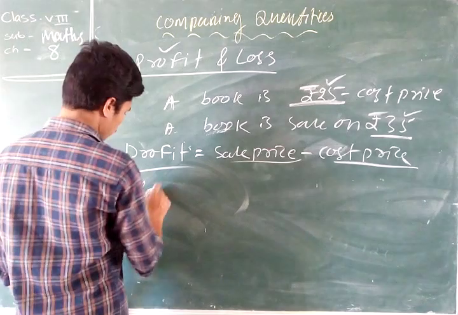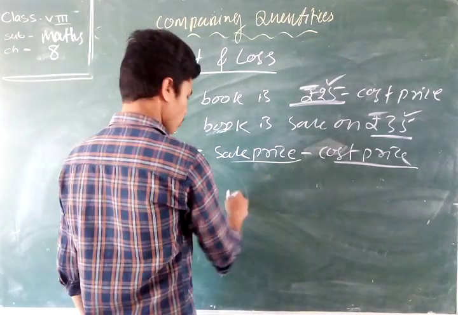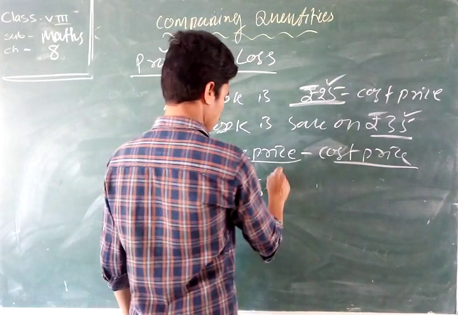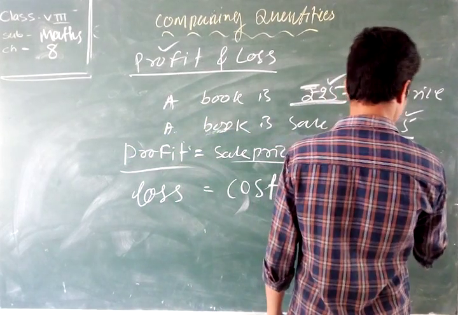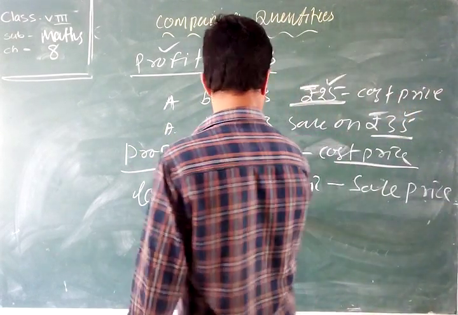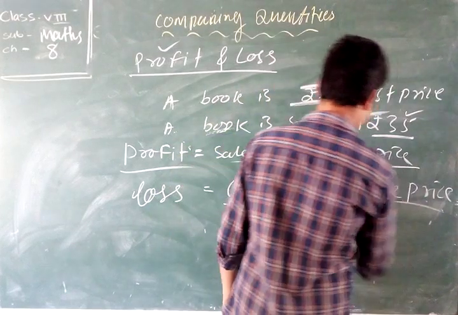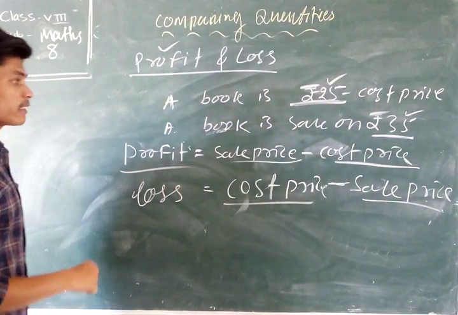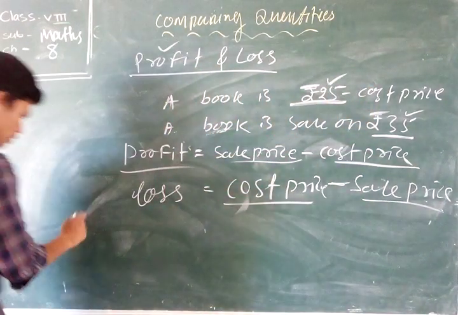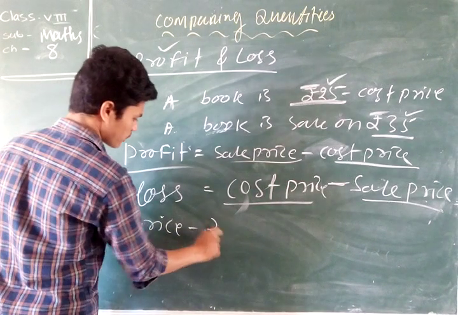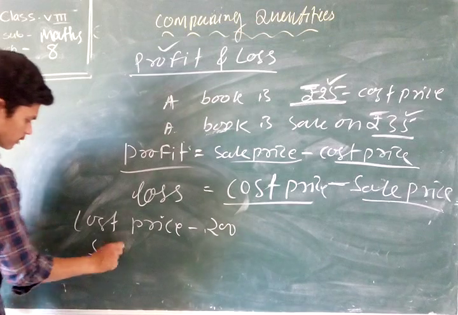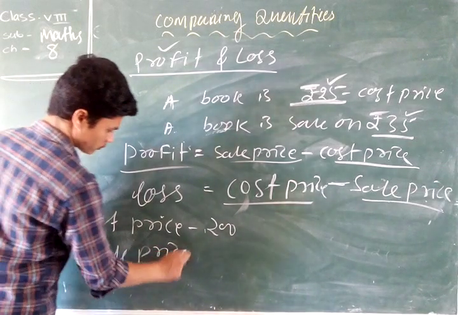So loss equal to what? Cost price minus sale price. Cost price minus sale price equal to loss. Suppose cost price 200, sale price 180.